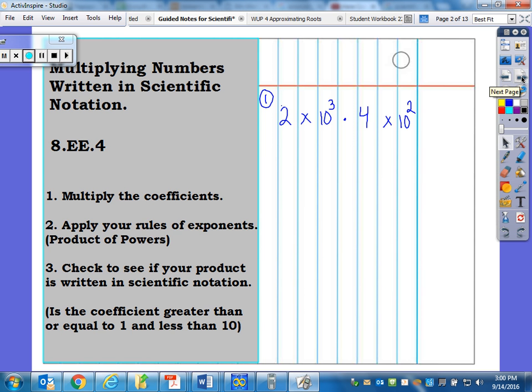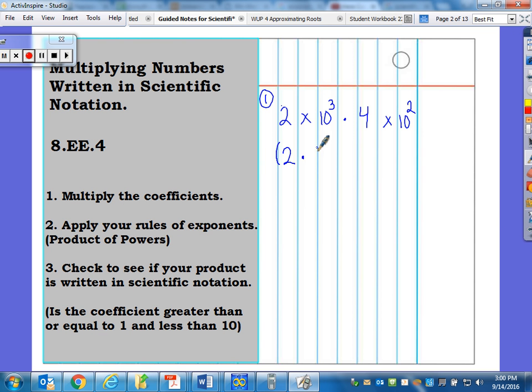Now let's take a look at how to multiply numbers written in scientific notation. First, you will multiply the coefficients. Using the associative property, we can regroup our coefficients together, and we can regroup our powers of 10 together.